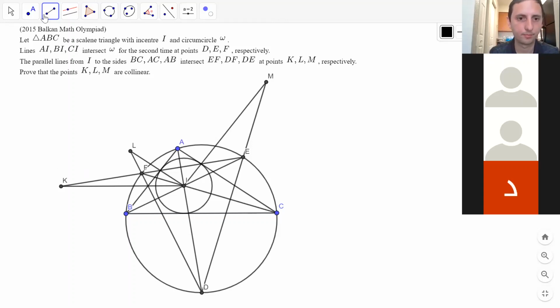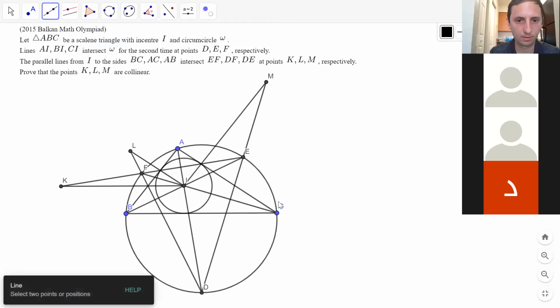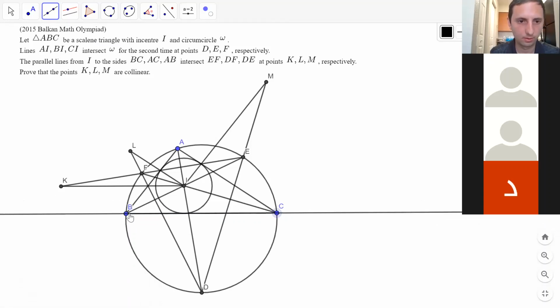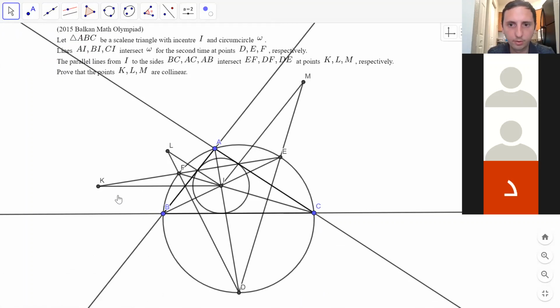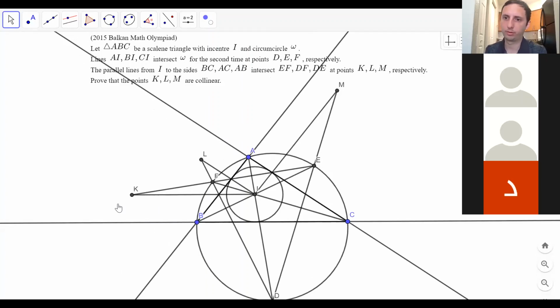So if we drew the sides of A, B, and C, they're parallel to those three lines, right? And we saw where they meet. If you consider the extension of Li, Mi, and Ki, they intersect the sides of the triangle at the same points as DE.